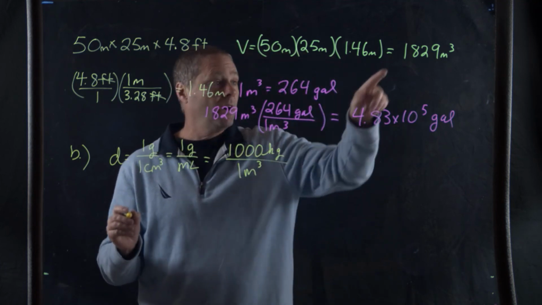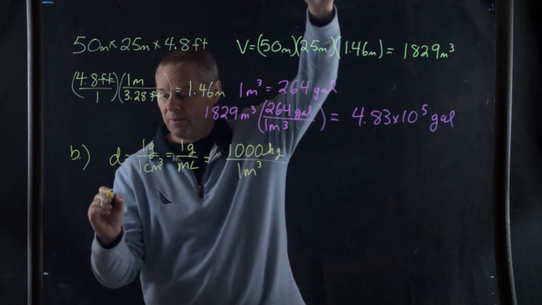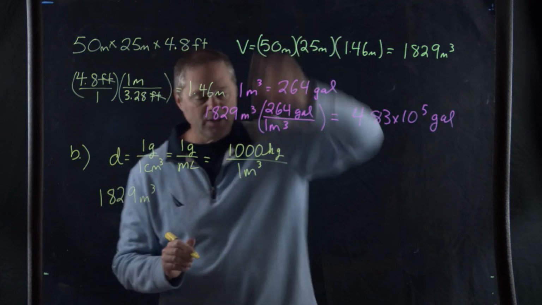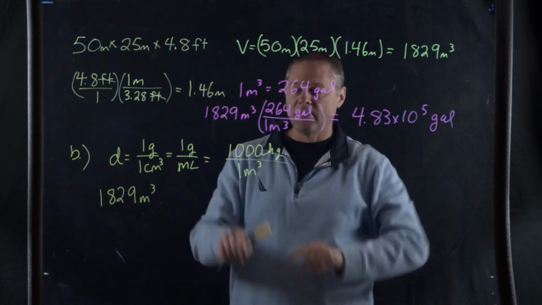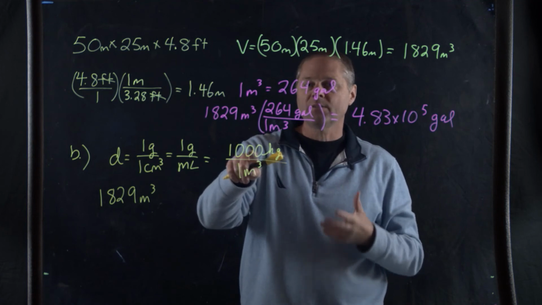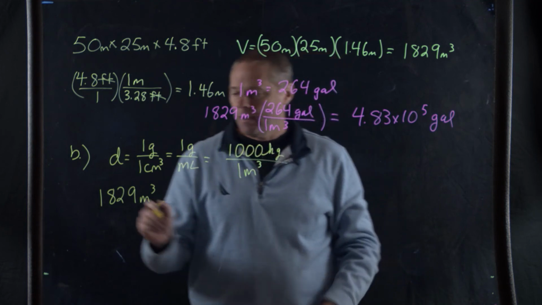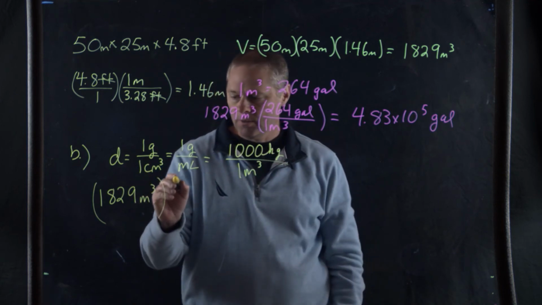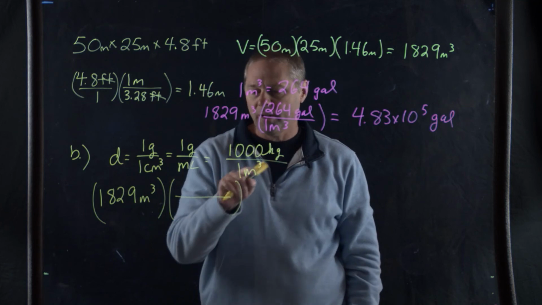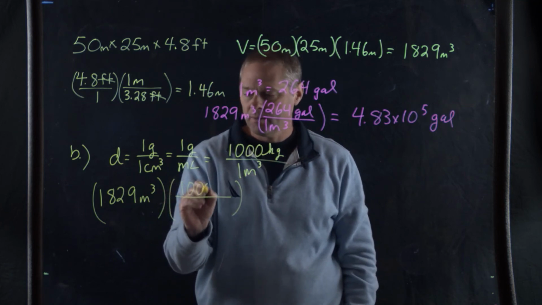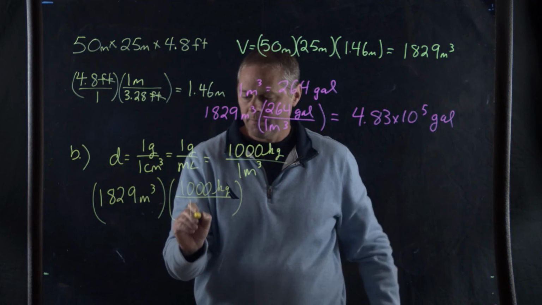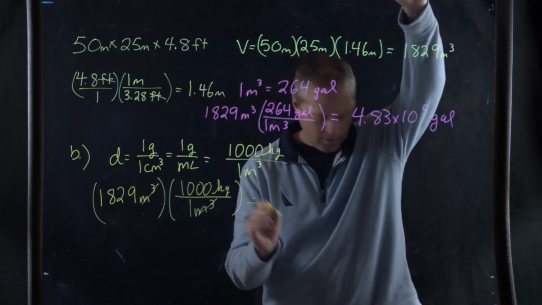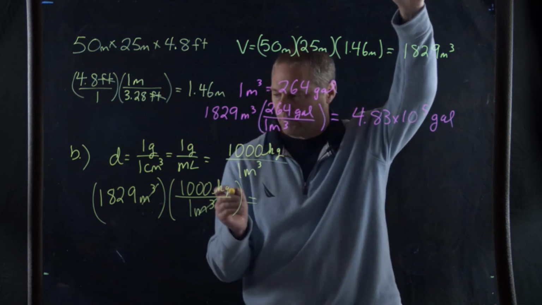Now we start out with our volume, so we have 1,829 cubic meters. The reason I'm using the cubic meters as opposed to the gallons is because I want to find this mass in kilograms. Now we can take our volume and multiply it by our density, our cubic meter is going to cancel, and this becomes a fairly simple problem to solve.